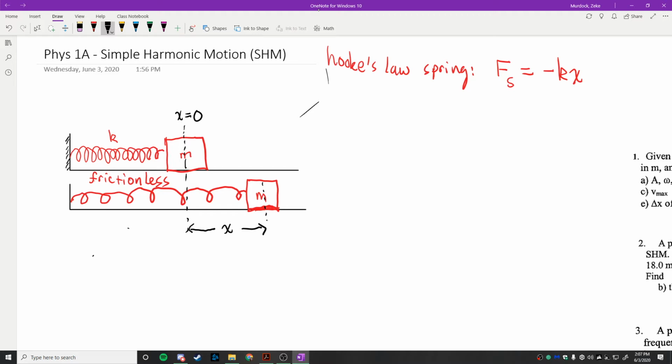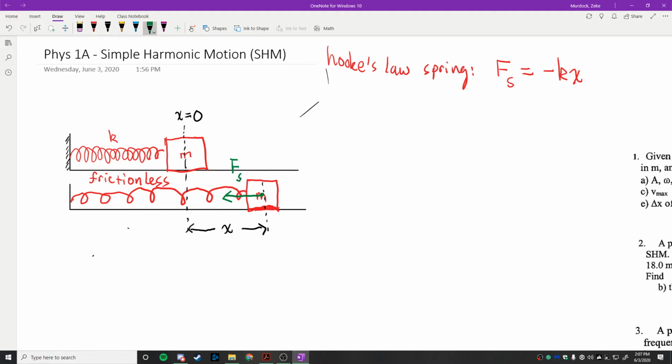And that's going to go basically to the center of the box. If we pull it out to that distance, then there's going to be a force acting on this box, and the force is basically going to act back this way. That's going to be our spring force.